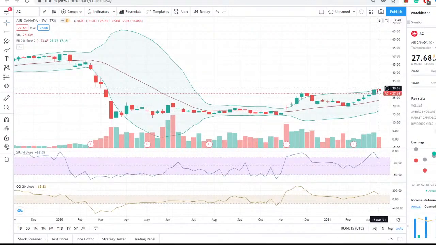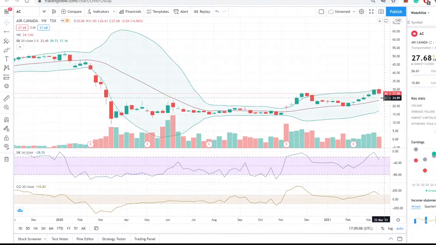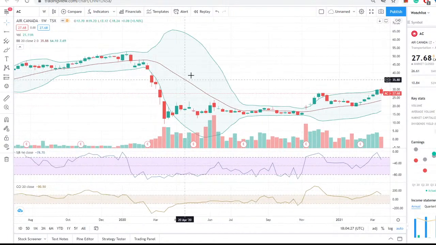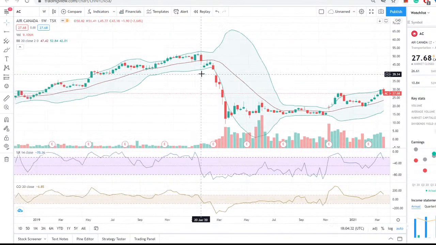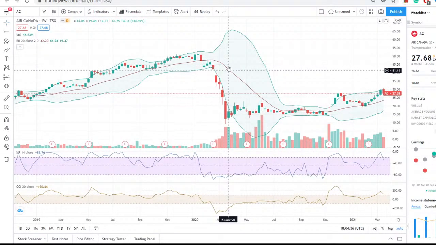Actually, it was at its resistance close to 30. So it reached its resistance and then it has started going down. That can be the first resistance, and for those who want to hold it for the long term, 30 will be the first one.